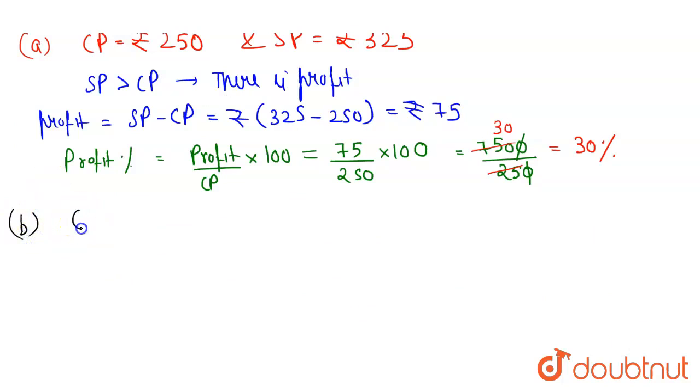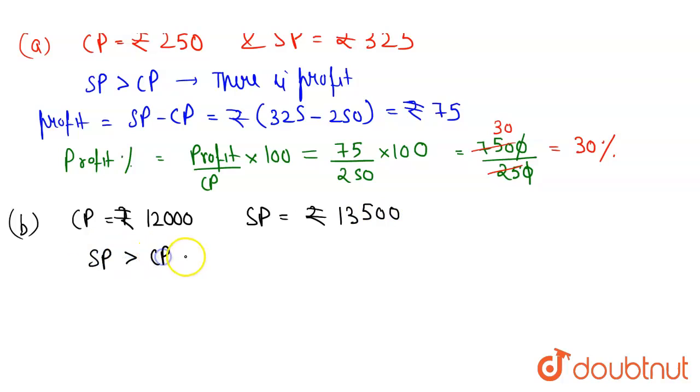The cost price is rupees 12,000 and the selling price is rupees 13,500. Obviously you can see that the selling price is greater than the cost price, which means there is profit.